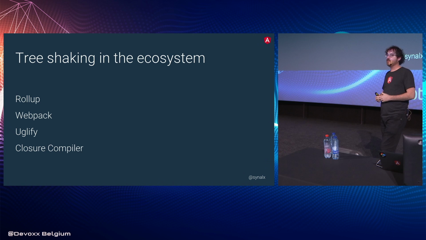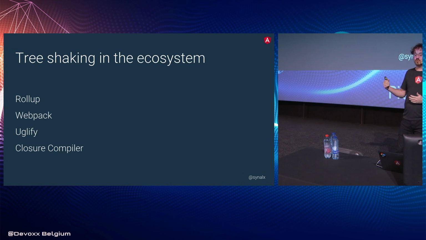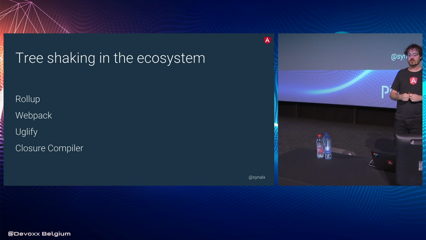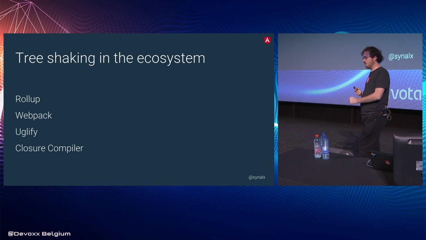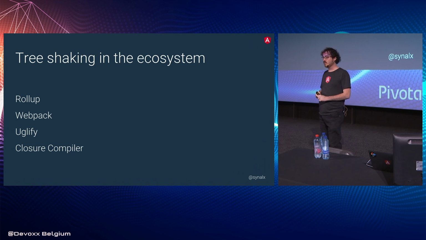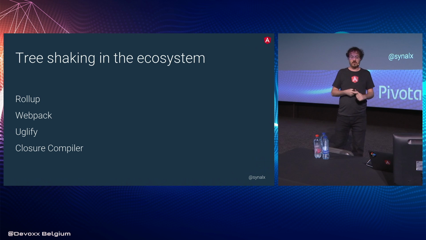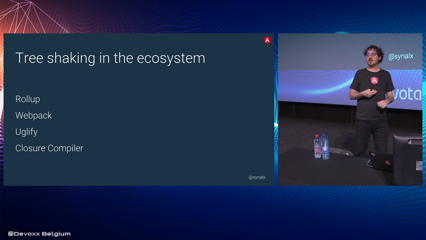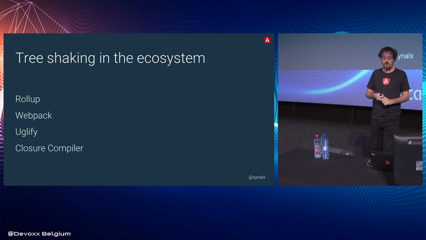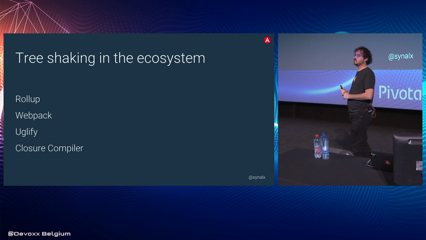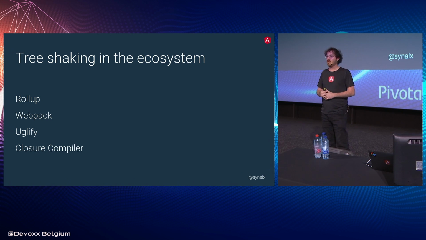And in the JavaScript ecosystem today, there are a few tools which have emerged as capable tree shakers. There's Rollup for ES2015 code. It performs what it calls live code inclusion, where it eliminates declarations that don't actually get referenced. Webpack launched tree shaking in its version 2, largely inspired by how Rollup works.